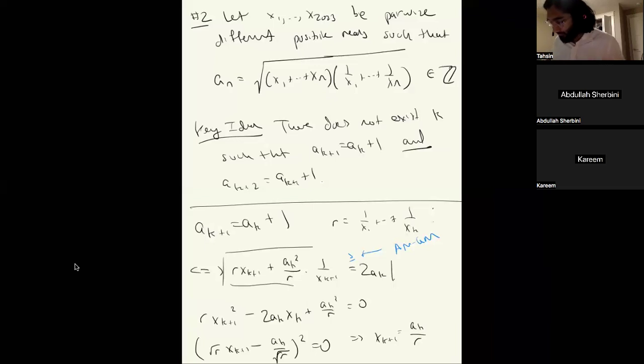Okay, so basically the idea is, you'll get this, and then when you add this as well, what you'll find is that xk plus 1 and xk plus 2 are equal, and that's a contradiction.